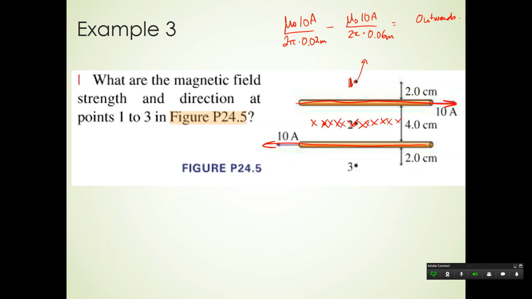So if you want to find the magnetic field at point 2, it would be that B is equal to 2 times whatever you end up doing for one of them. So 2 times mu naught times 10 amps over 2 pi times, what's the distance? 0.02, exactly. It's halfway between each one. Okay, Mark, you had a question? You're correct.